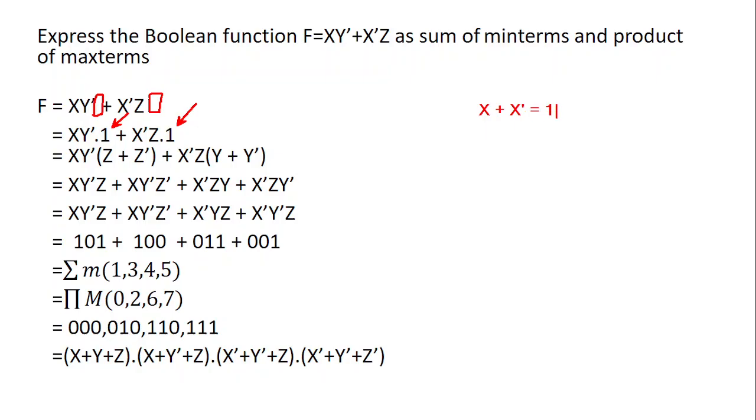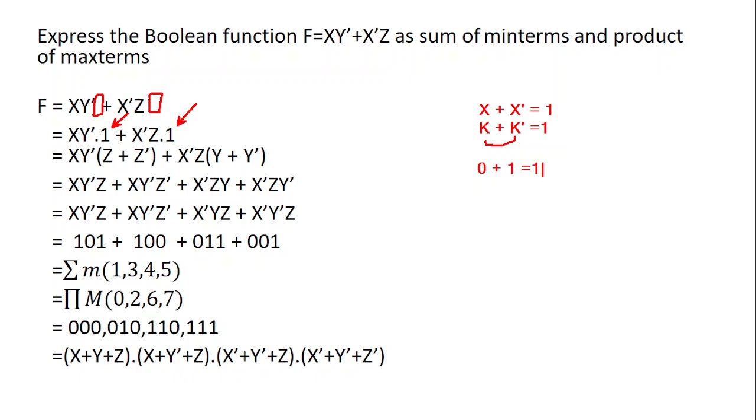In the same way, if you have a variable k, k plus k inverse will always give you 1. When you add the inversion of a number, for example, if you have a 0, what is the inversion of 0? Inversion of 0 is 1.